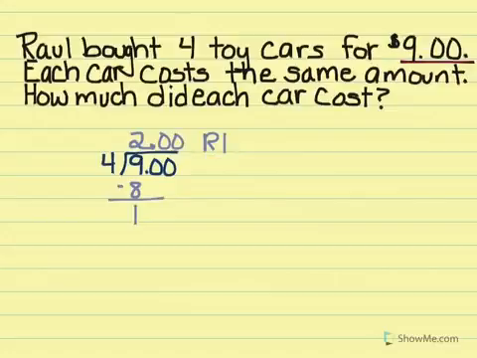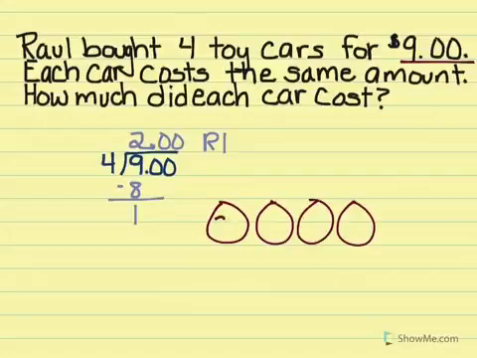That means each car costs $2, but we had 1 whole dollar left over. If we look at that dollar, we know 4 quarters, if each of these are a quarter, 4 quarters are going to make $1.